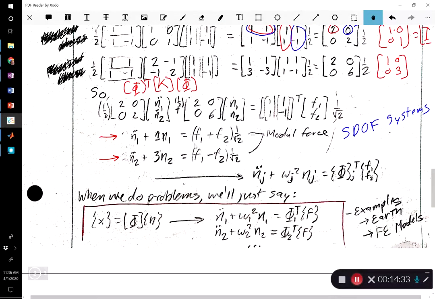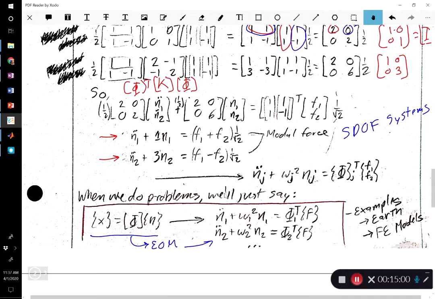From this point forward, we'll learn this so well that we might sometimes just skip ahead and say, well, we know that if we plug this into our equation of motion, the result is going to be a set of uncoupled equations that look like this. And so we might sometimes skip all of the details, but we'll come back to that later.